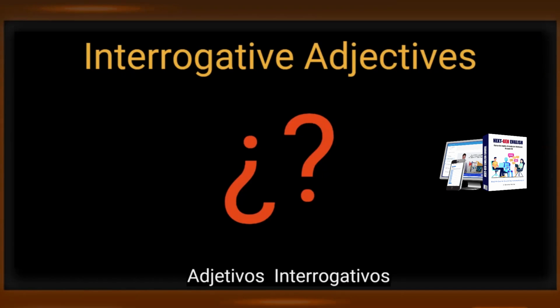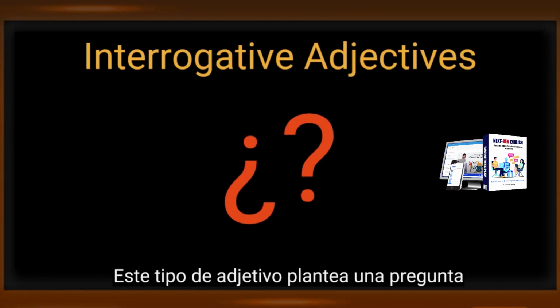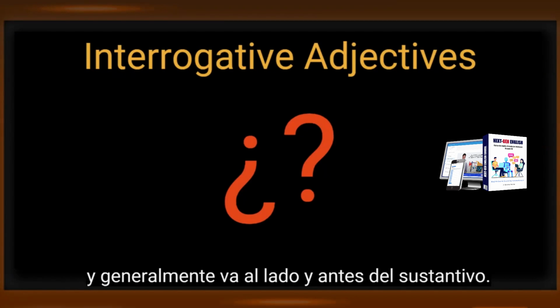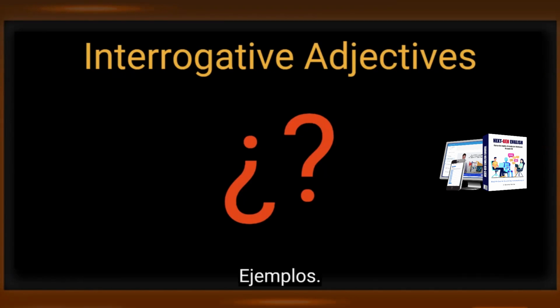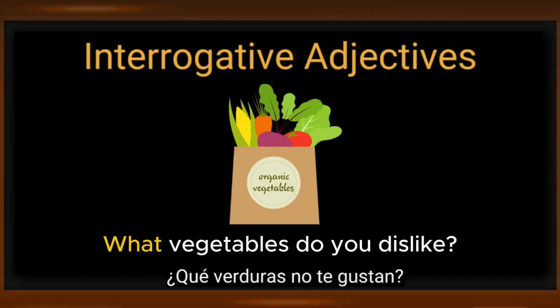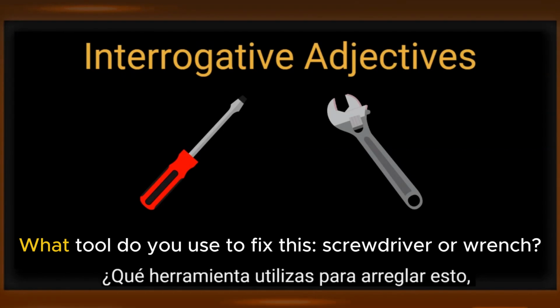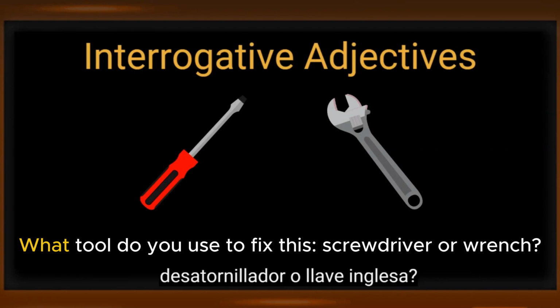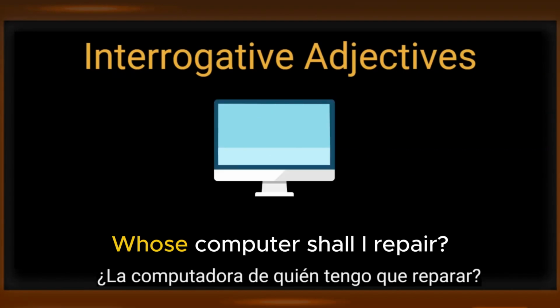Interrogative adjectives. This type of adjective poses a question and generally it is beside and before the noun. Examples: What vegetables do you dislike? What tool do you use to fix this, screwdriver or wrench? Whose computer shall I repair?